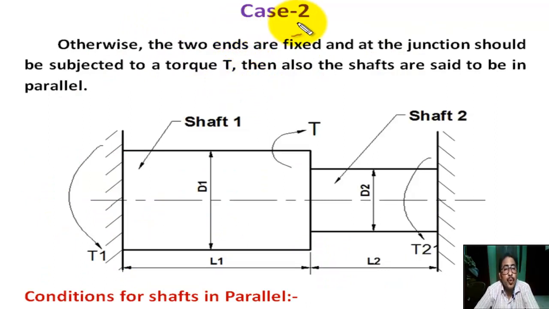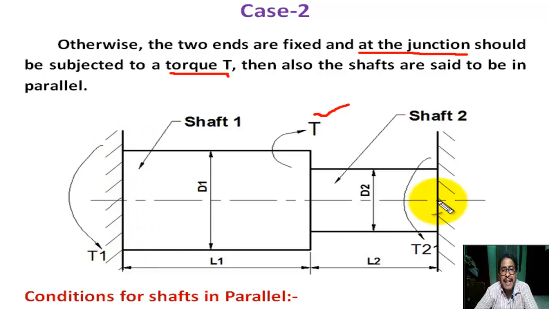Now case 2. Otherwise, the two ends are fixed, this end and this end are fixed, and at the junction a torque T is applied. Two shafts, just like in series.